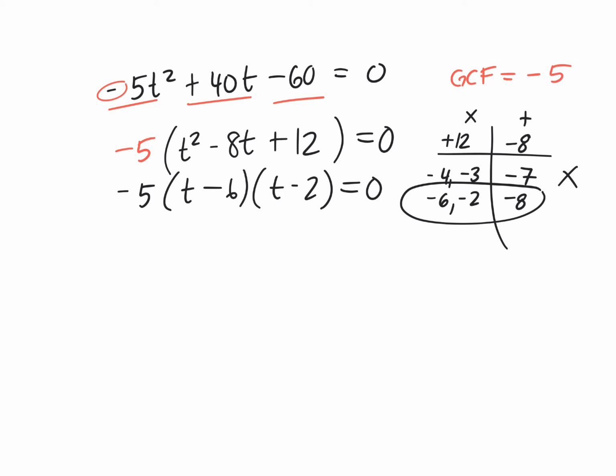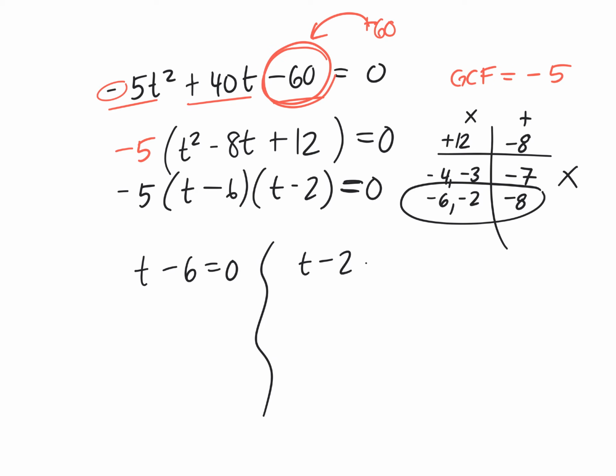And remember, we set the height equal to 60. Remember, it was a 60 over here? We moved it over. So these are the values of t. So we have t minus 6 is equal to 0, and t minus 2 is equal to 0. And these are the values when h was 60, right? Does that make sense? These are not the x-intercepts.